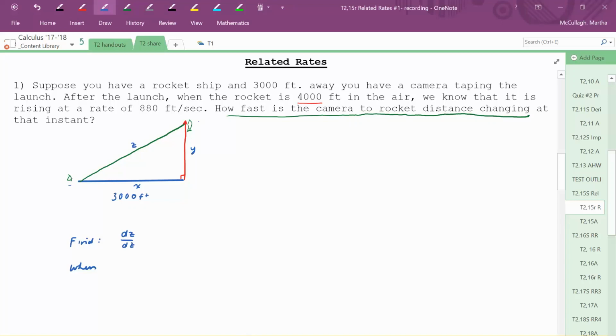I'm finding dz dt, and I'm finding that when the rocket's height off the ground, my distance y, is 4,000 feet, and the change in y with respect to t is 880 feet per second.